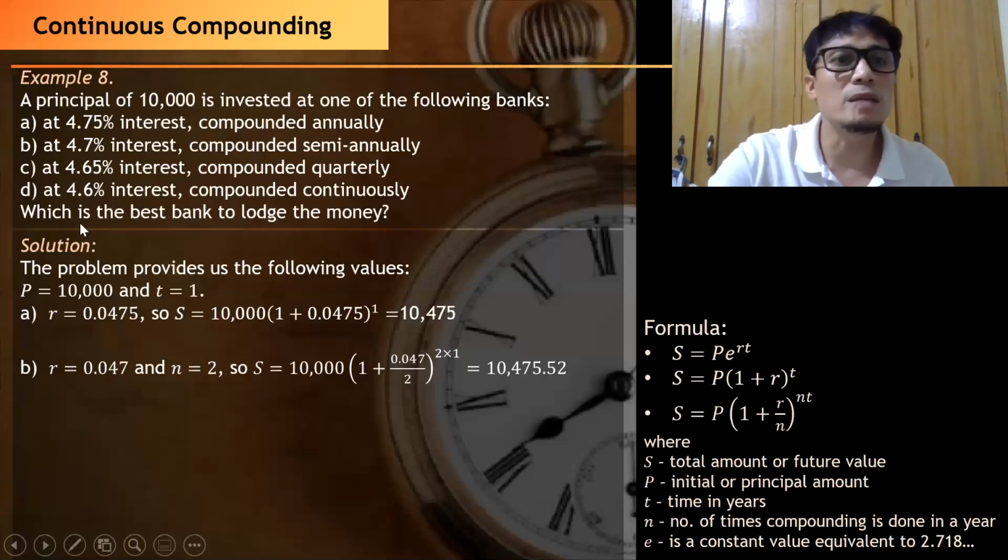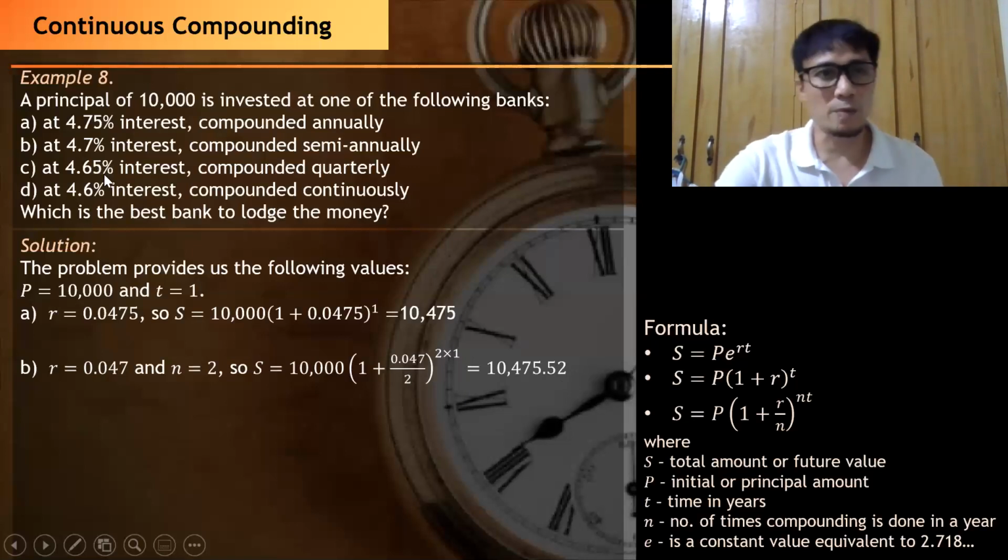And then the third one is your rate of interest, 4.65% compounded quarterly. That means that your R is 4.65%, and your N is 4, or compounding is done 4 times in a year. Then we plug that into the same formula.